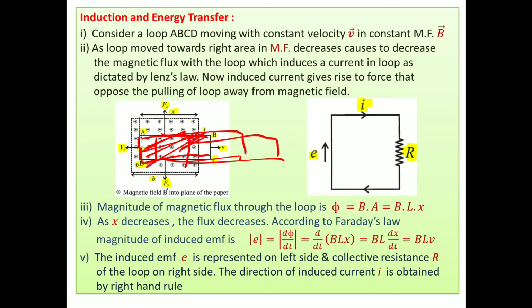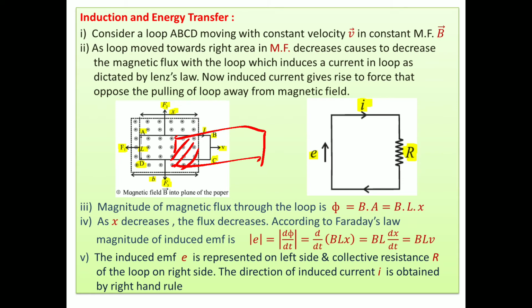But as this loop is moving, this is the area which is under the magnetic field. Now look here, this loop is moving up to here. Then area in the magnetic field is less. So area is less. Then what can you say about the lines of force or flux through it? Flux also goes on decreasing.